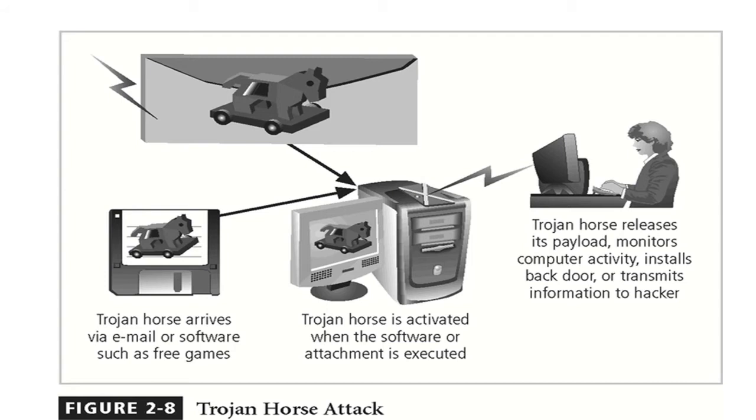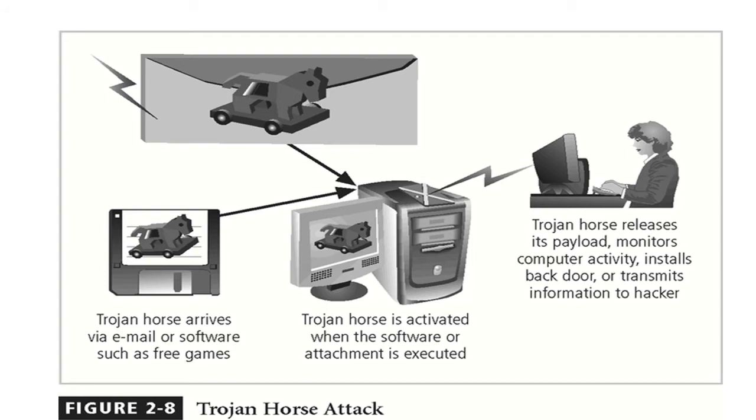If you look closely on the slide, we have a Trojan horse attack. We're basically saying we have a Trojan horse that is activated when the software or attachment is executed.